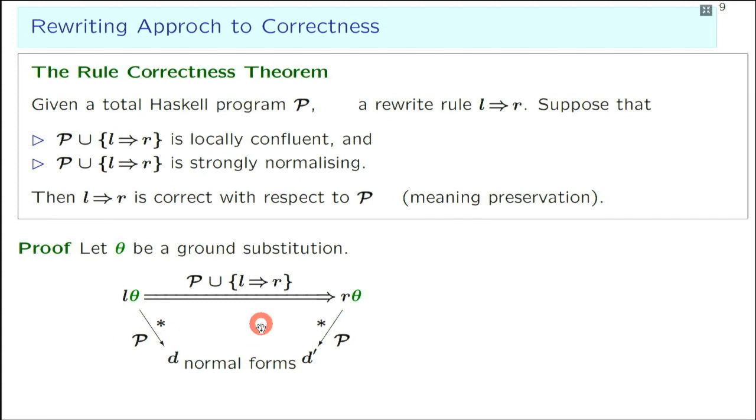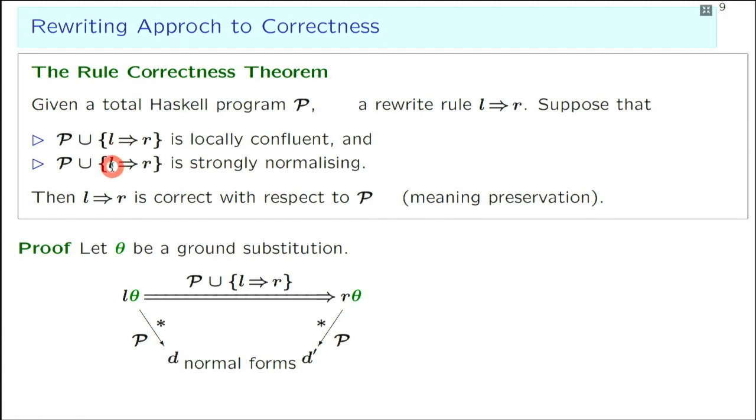But in this case, consider that D and D' are connected by these rewriting paths, meaning that they are convertible. And we have assumed that this is locally confluent and strongly normalizing. So by Newman's lemma, this means that this is confluent.